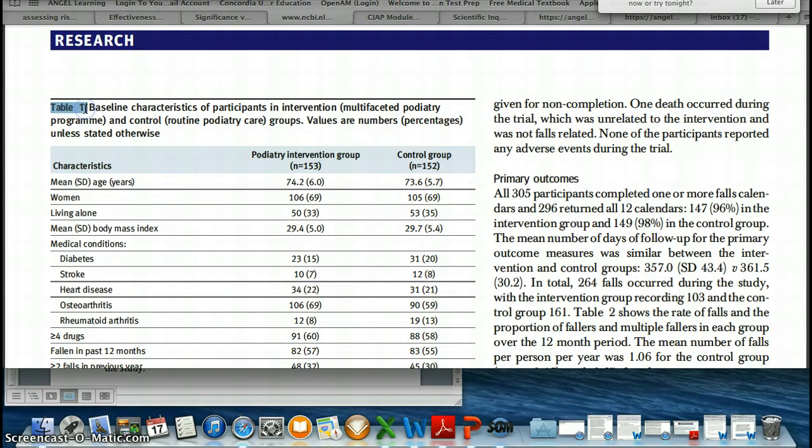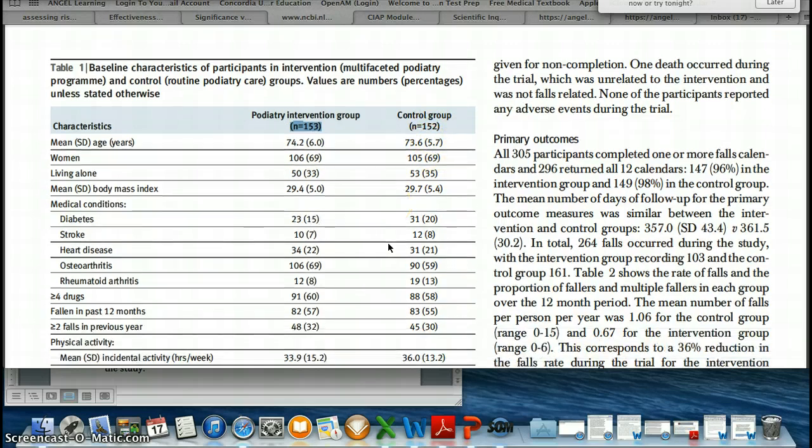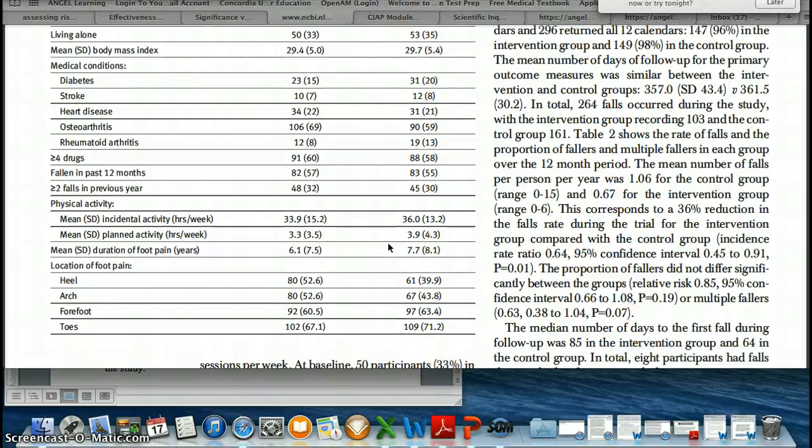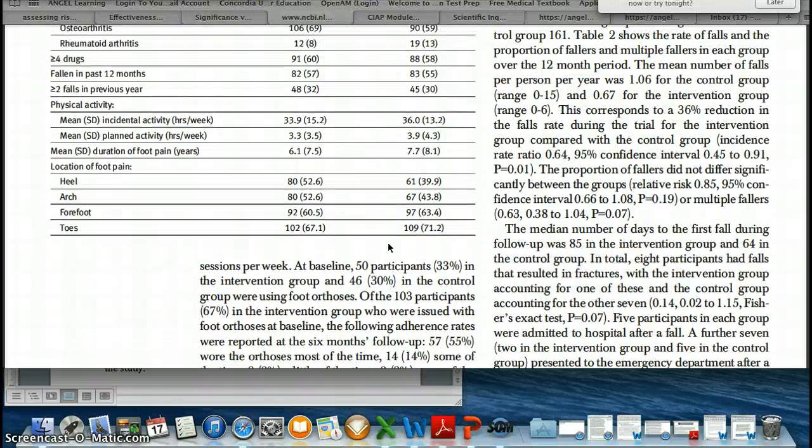If you want to see how closely they were matched, you can look here. You have the interventional group and you have the control group. And this will tell you the number of patients within each group. And then you can look at all of the characteristics and see how closely they were aligned. Okay?